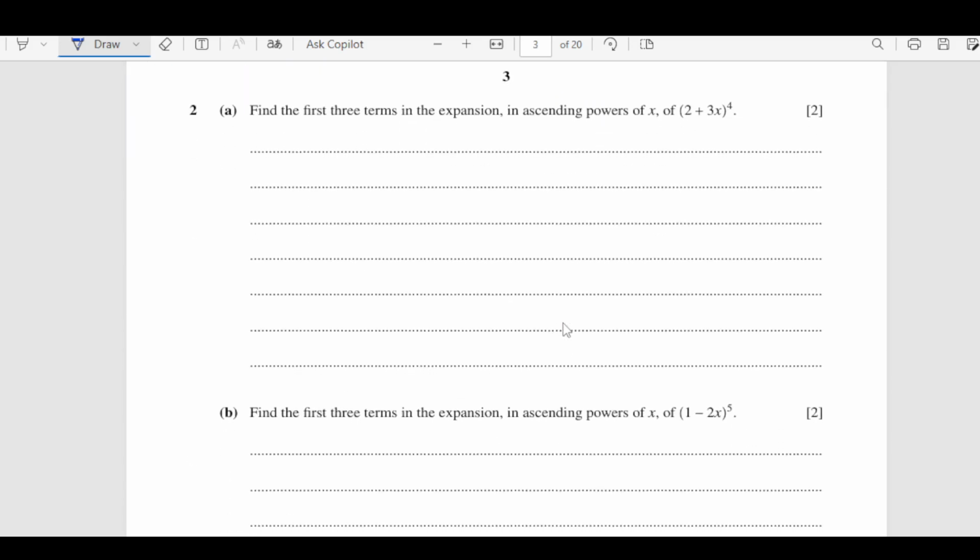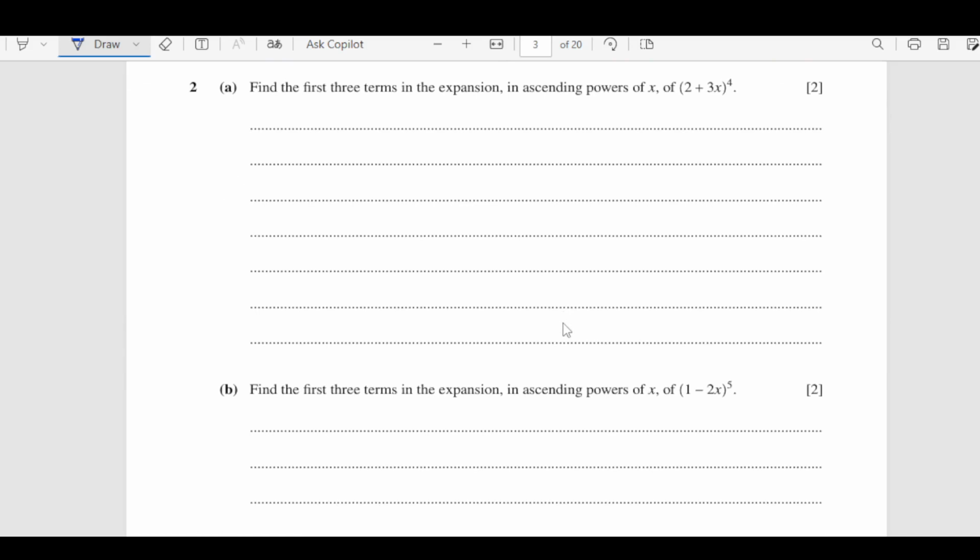Now number 2, find the first 3 terms in the expansion in ascending powers of x of this one. We have 2 plus 3x to the power 4.